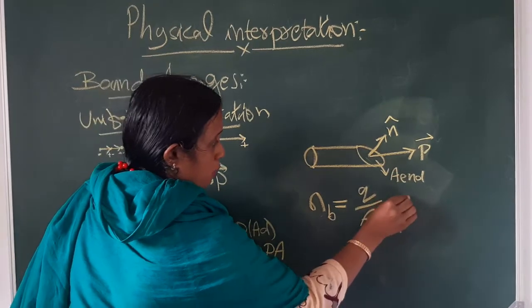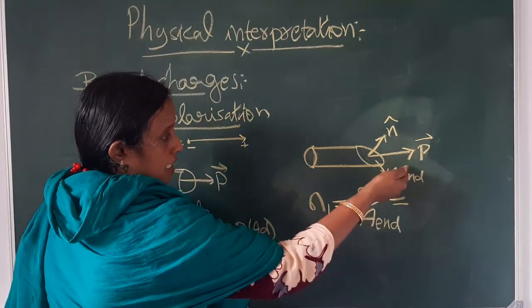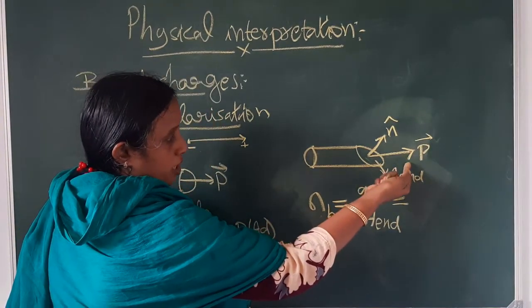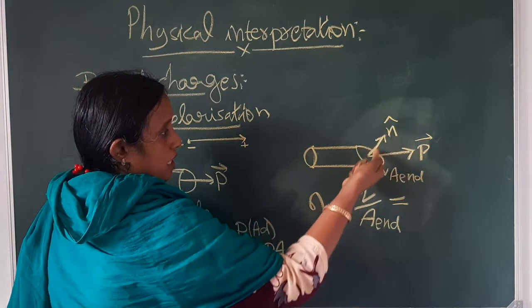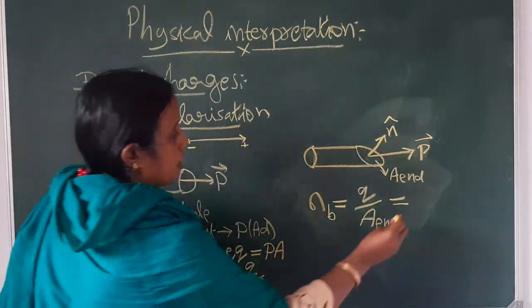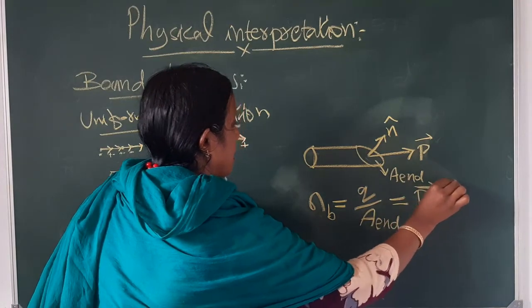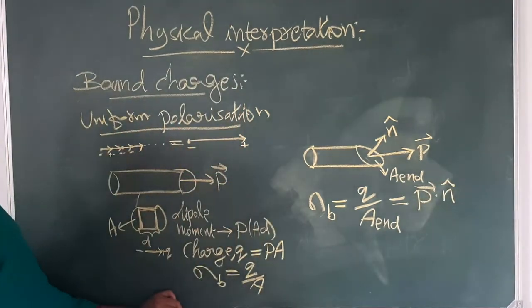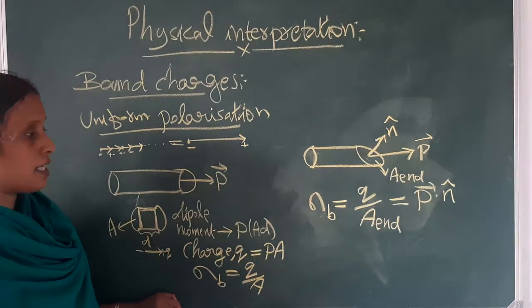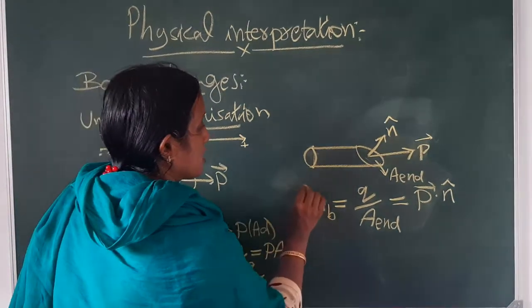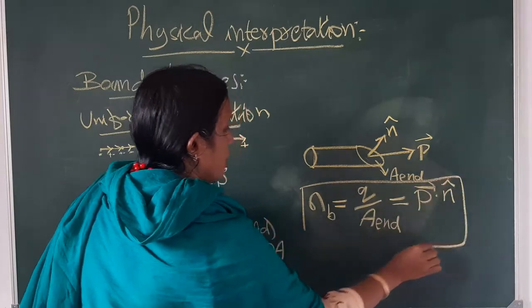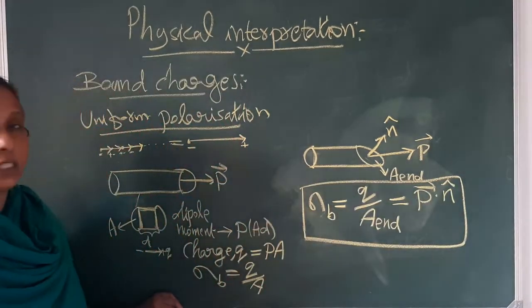This is equal to the component of the polarization vector along the direction of this area vector, so you can write P dot n-cap. This is the bound surface charge density of a polarized object.